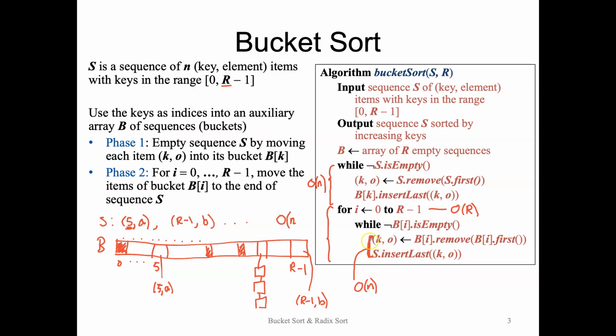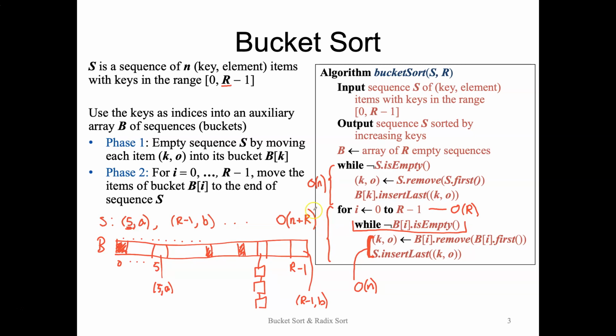So this portion costs n, and then we're going to go through our for loop r times, which means we're going to evaluate this condition r times. So even though we only execute these lines of code a total of n times, we still have to check to see, is there anything at the cell? So our total runtime here for the second phase is big O of n plus r.